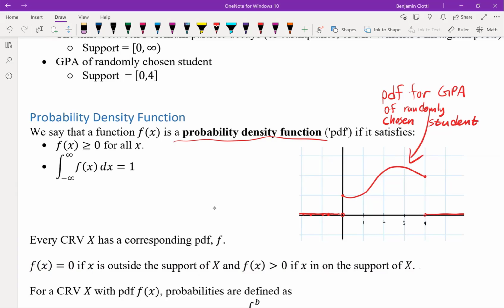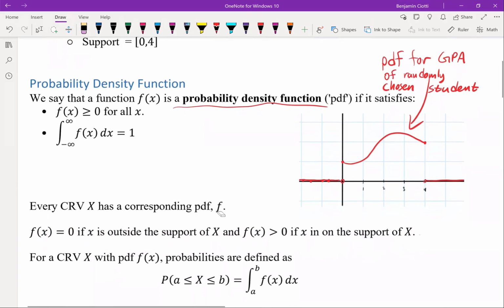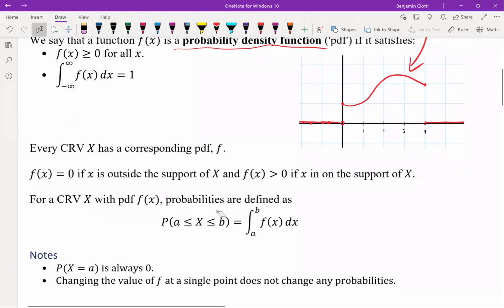Okay, now how about the probabilities? Here's how we define the probabilities. If x is a continuous random variable with probability density function f of x, then the probabilities are defined as follows.